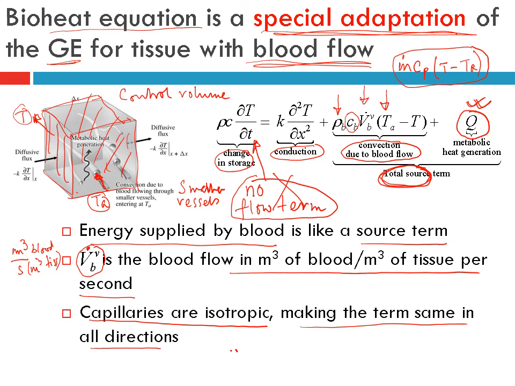So if we are doing a 2D problem, and we have another term for the y, this term will stay like this, and what that means is the blood capillaries are isotropic in all directions.